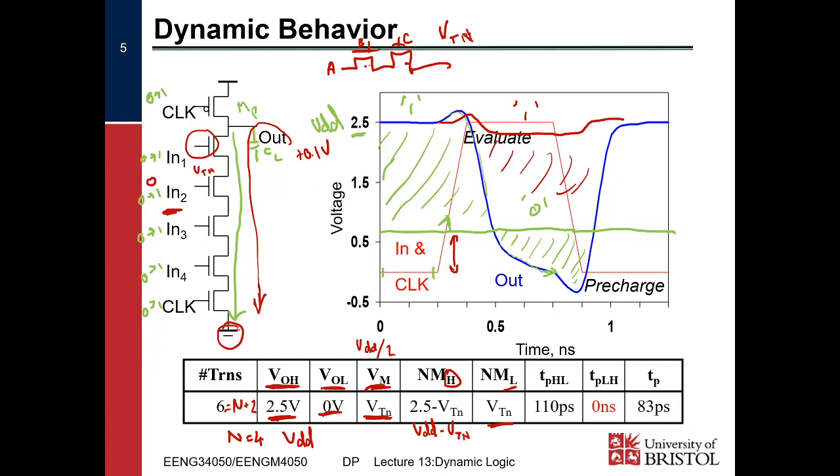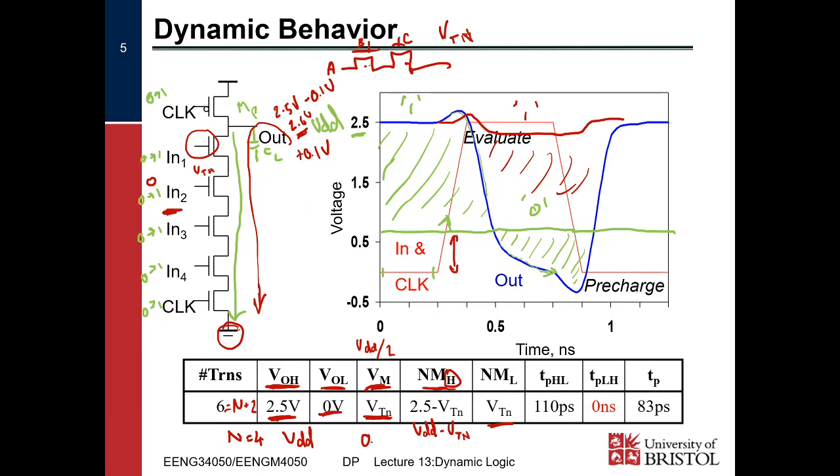However, if we weren't aiming for a low voltage, if we were aiming for a high voltage, so we started off with 2.5 volts here, and we took off our 0.1 volts, it would stay at 2.4 volts there, because there's no path up to VDD, it won't charge back up to VDD, but because we've got such a large high noise margin, it's not actually too much of a problem if this discharges down to 2.4, 2.3, 2.2, 1.5 volts.